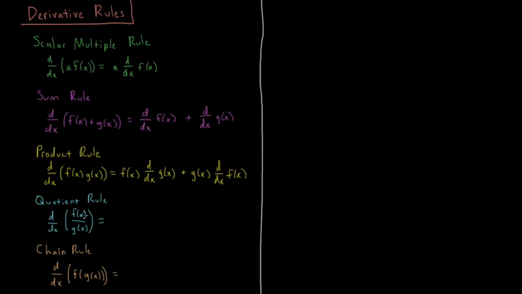So if we have f of x divided by g of x, the derivative of that is equal to the denominator times the derivative of the numerator minus the numerator times the derivative of the denominator, all divided by the denominator squared.